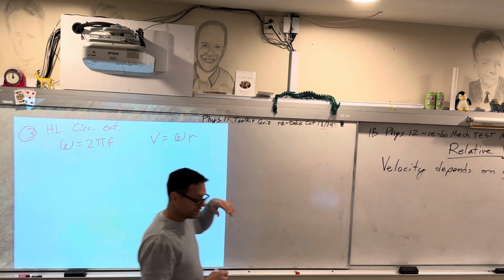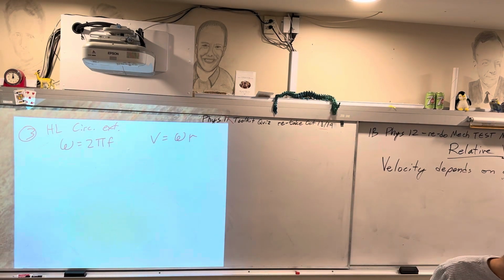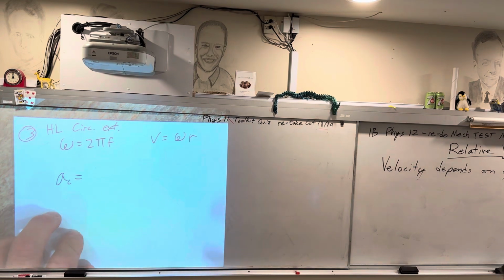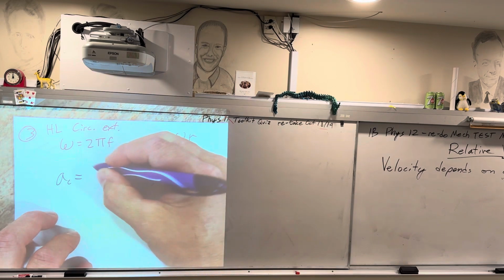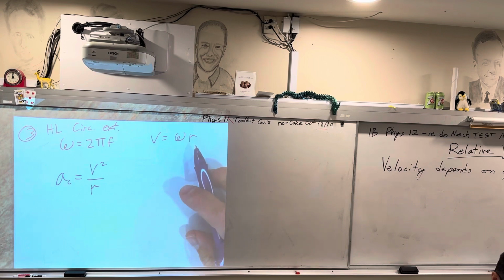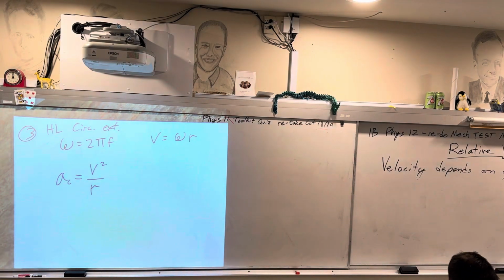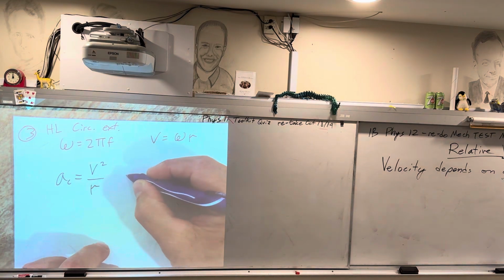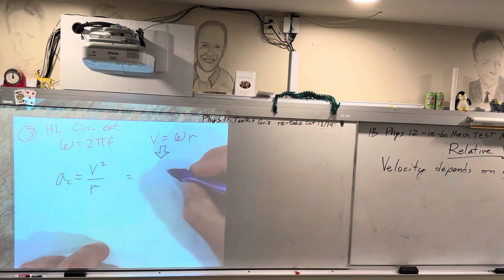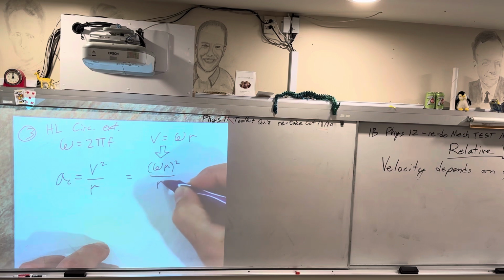Okay, you have these two things, and then I wanted to talk about just the link up of centripetal acceleration with these two things. So what's centripetal acceleration? It's a formula. v squared over r. So put this v in there, and we're gonna have omega r squared over r, right?